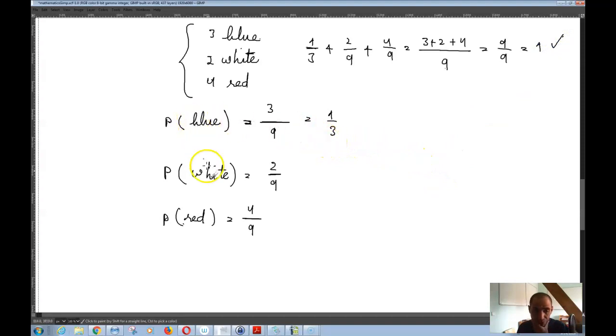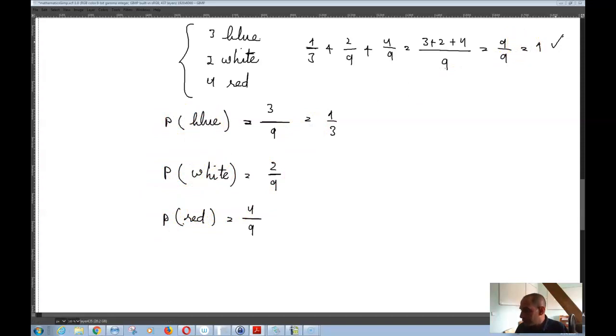So these are all the possible outcomes of this experiment. Add the probability of all of them together, you'll get 1. Or you could say that P of blue plus P of white plus P of red is equal to 1.